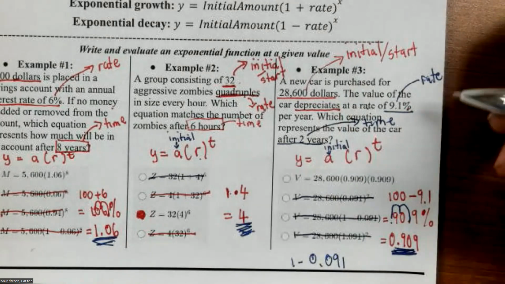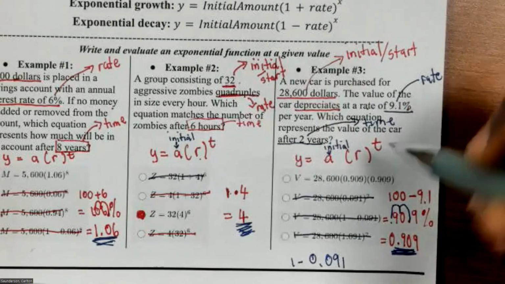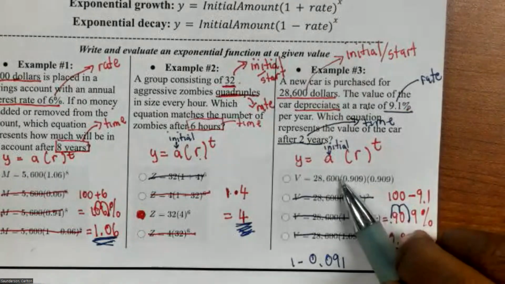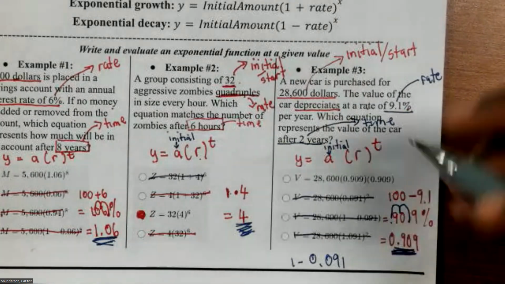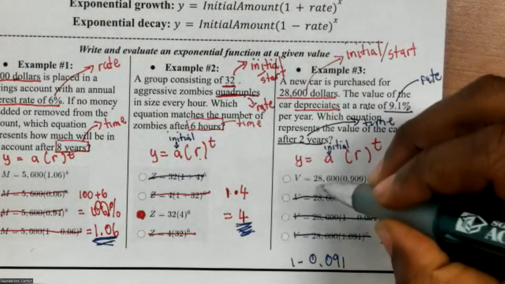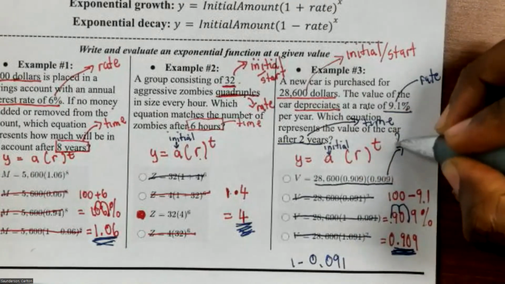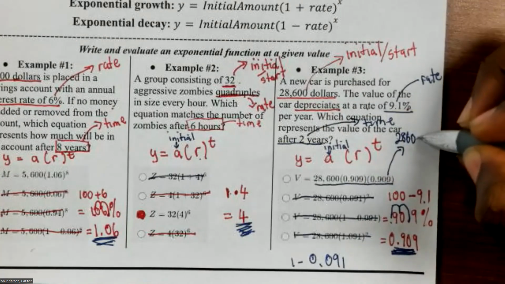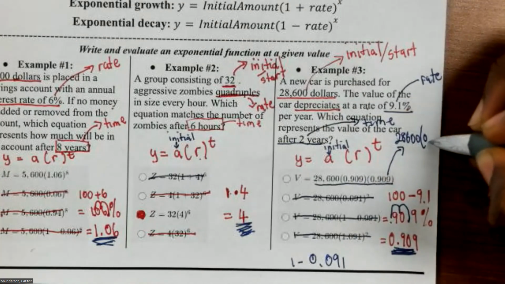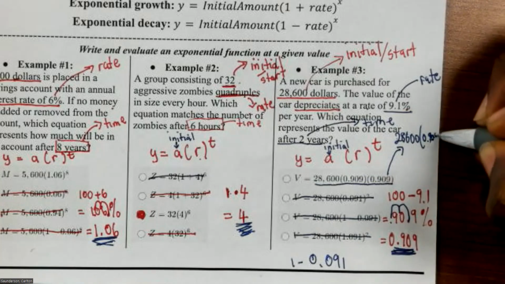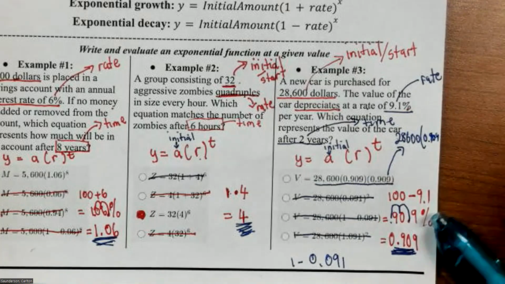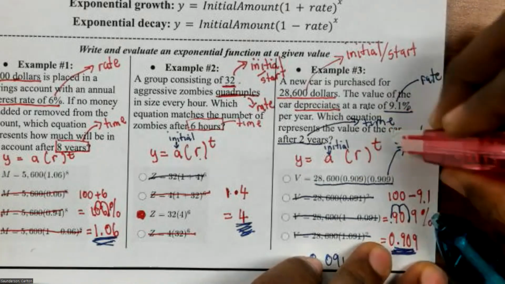When you see an exponent, that exponent literally tells you to write what you see in the parentheses 2 times. So this answer that you see right here can be rewritten as 28,600 parentheses 0.909. All right, that looks a little jumbled, so I'm going to rewrite it.